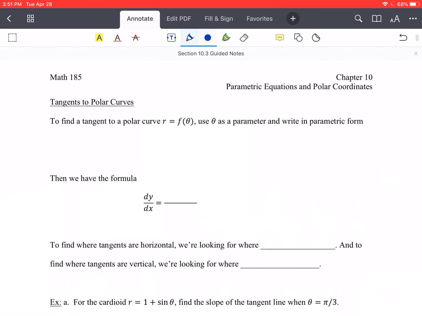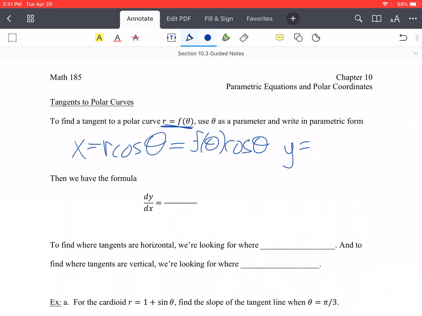So we have x equals r cosine of theta, but r is a function of theta, so this is f of theta cosine of theta, and y is r sine theta, which is just f of theta sine of theta. Okay, so this allows us to work with x and y exclusively in terms of theta.